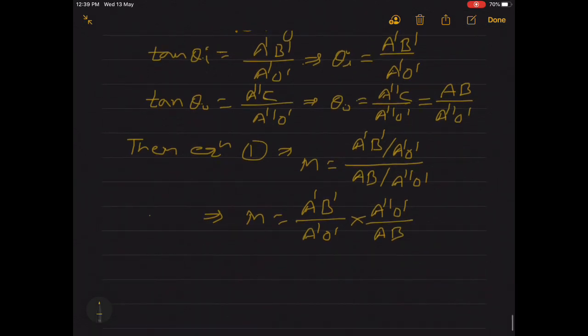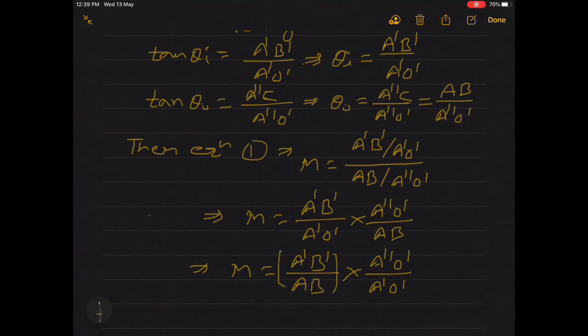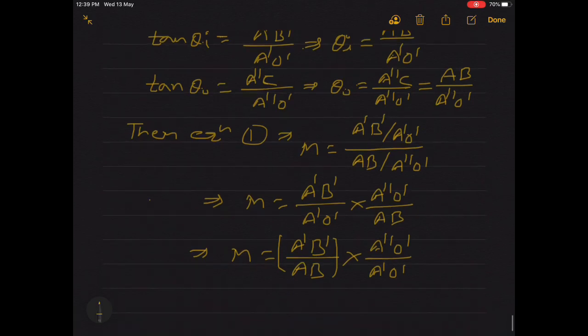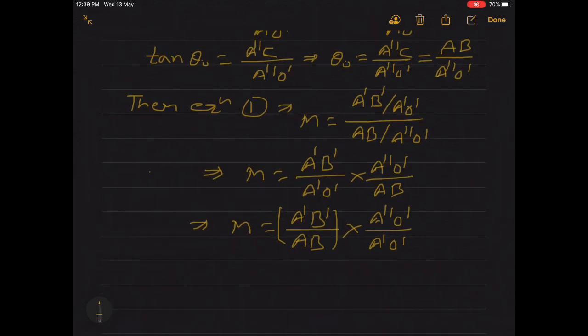If we reshuffle as per our need, then it is A dash B dash upon AB into A double dash O dash upon A dash O dash. Now just see, this A dash B dash upon AB is the ratio of the size of image formed by object lens to the size of object.